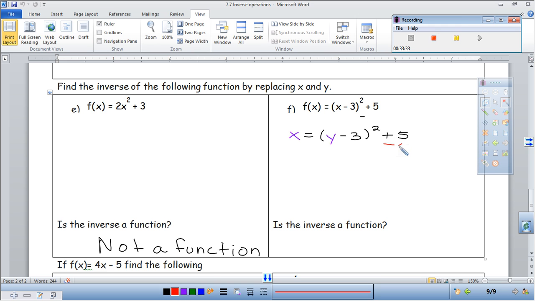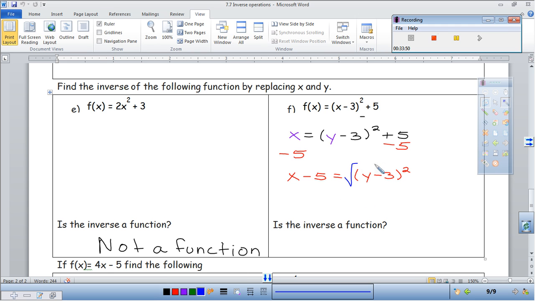I'm going to subtract the 5 and get x minus 5 equals y minus 3 squared.